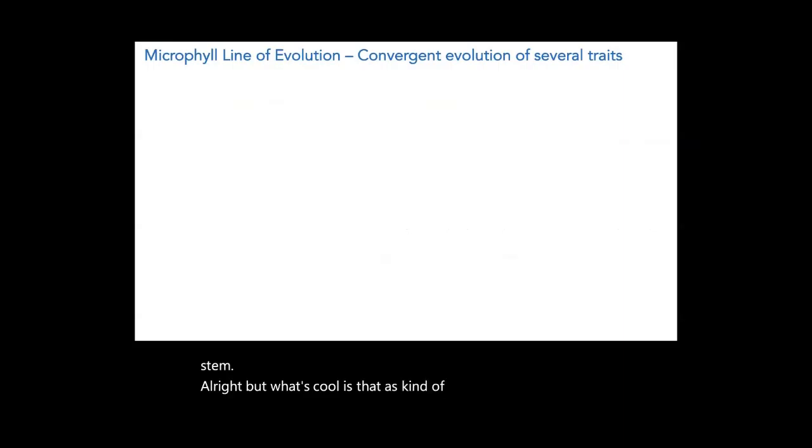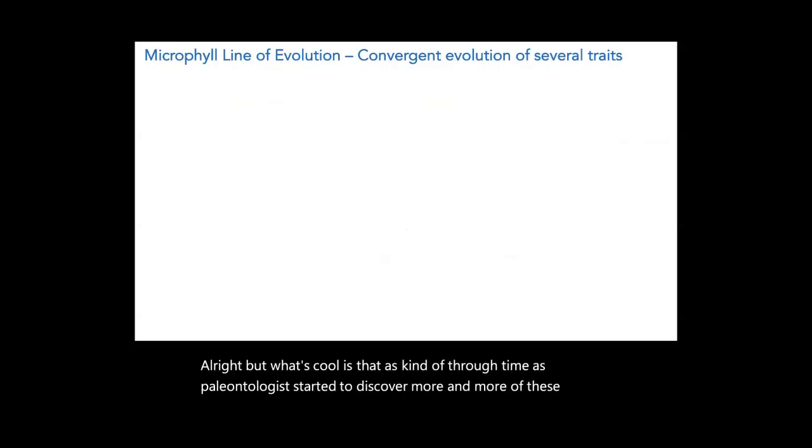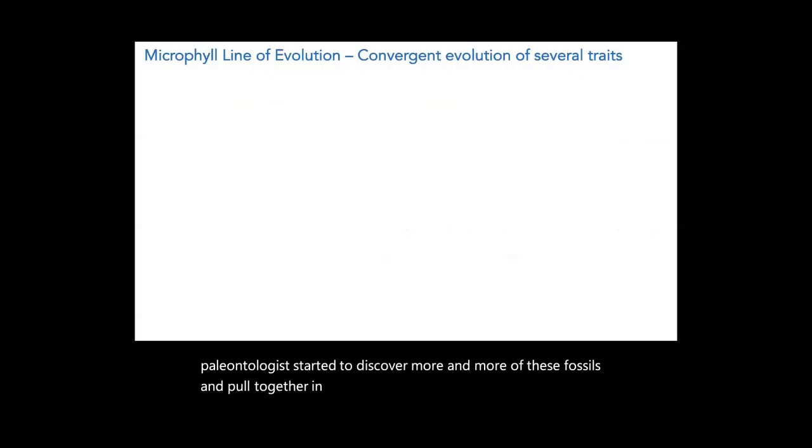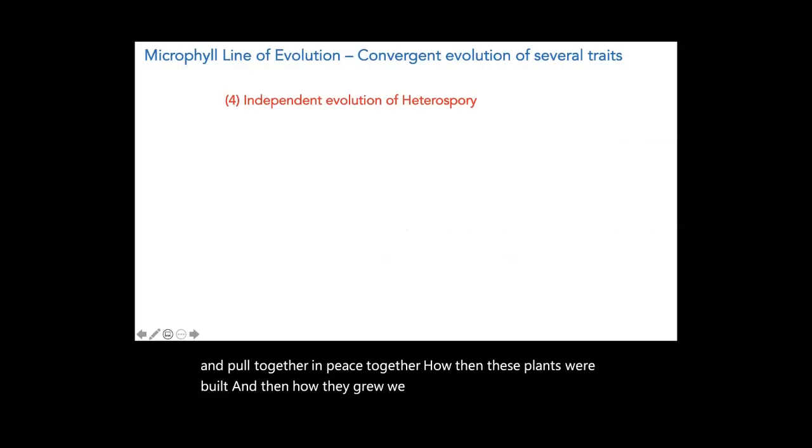All right. But what's cool is that through time, as paleontologists started to discover more and more of these fossils and piece together how these plants were built and how they grew, we actually discovered that there were several different cases of independent evolution, in particular, the independent evolution of heterospory.